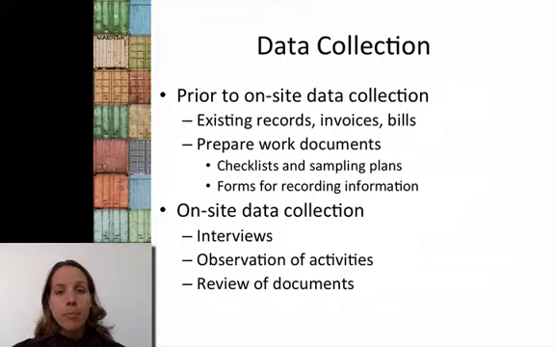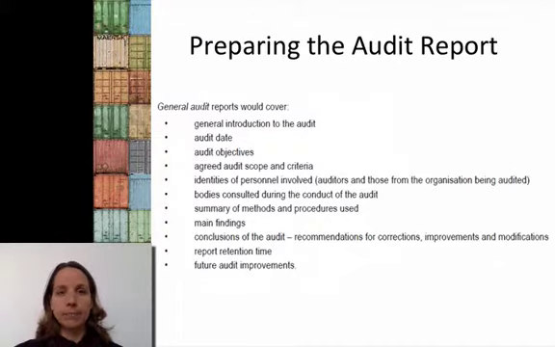As I said before, prepare your work documents, whether that's checklists and sampling plans, observational plans, forms for recording information, or interview schedules. That needs to be done before you go on site. Once you're on site with all your documents ready, you can conduct the interviews, conduct the observations, and review the documents that you need.